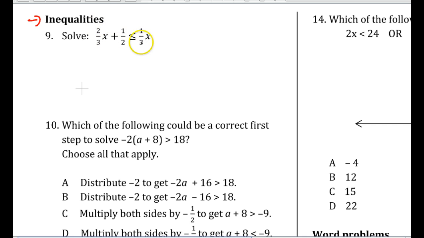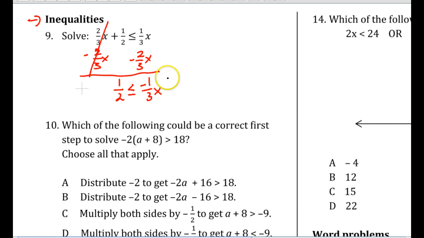But here we just have to get the variables on the same side, so I'm going to subtract 2/3 x from both sides. Okay, there are other ways of doing this. They'll give you the same answer, but this is the most direct way. So we have 0, bring down the 1/2, bring down the less than or equal to. 1/3 minus 2/3 would be negative 1/3.